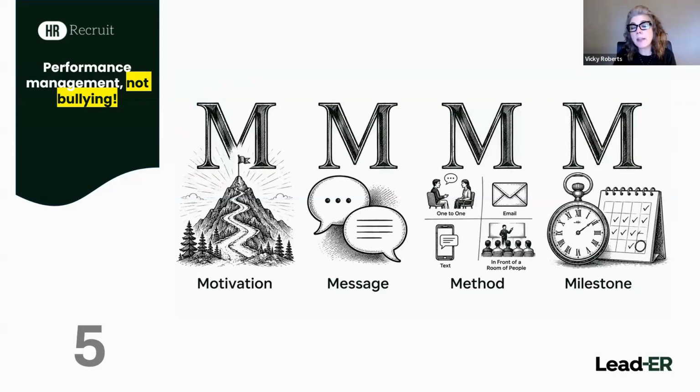Thank you. And then the fourth M is probably the most obvious one, milestone. So that's about promptness, because of course, if there's been a delay in giving some feedback about something that's happened, in the team member's mind, there's either a sense of, well, why are you raising it now? It can't have been that bad at the time, or you've been hanging on to this issue and you've been judging me negatively all this time.